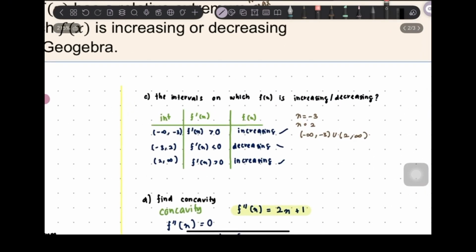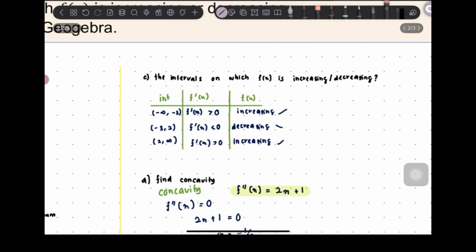For C, we need to find the intervals on which f(x) is increasing or decreasing. The function is increasing on (-infinity, -3) and (2, infinity), and the function is decreasing on the interval (-3, 2).